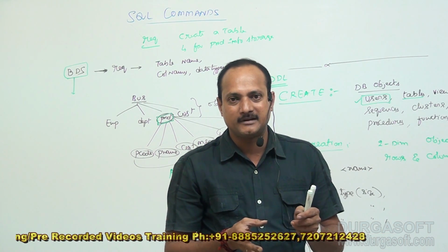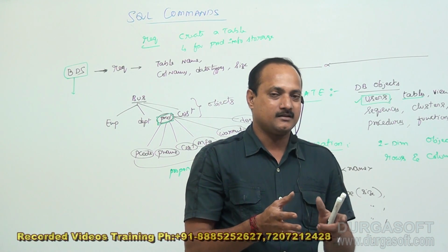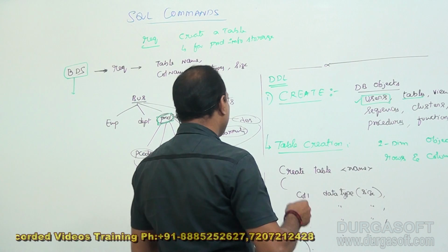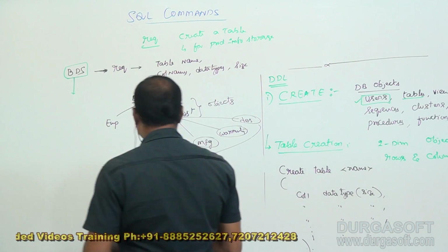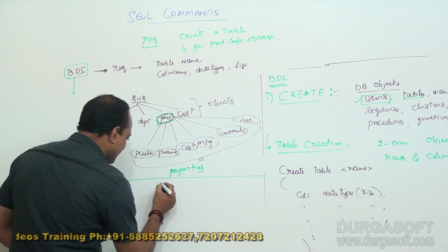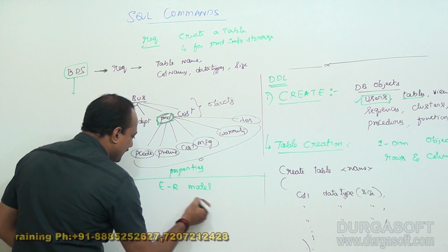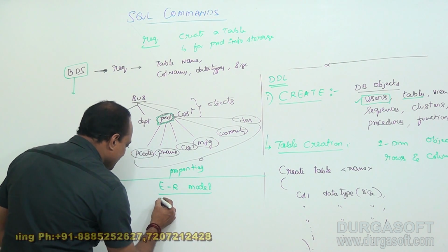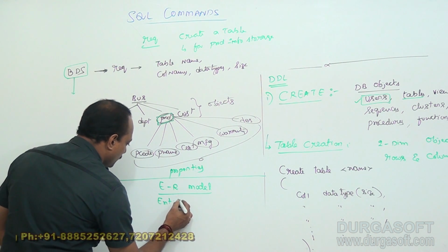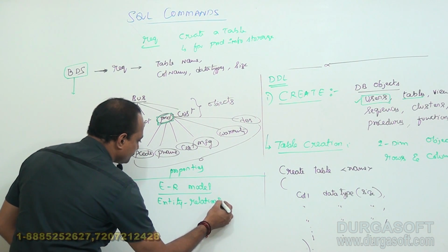In the software development process, there is a design phase. In the design phase, we have a model called the ER model. All these representations are done under the ER model. What is it? Entity relationship model.